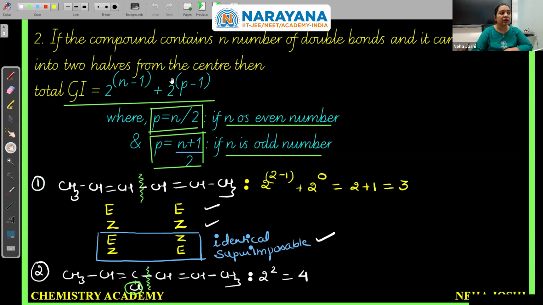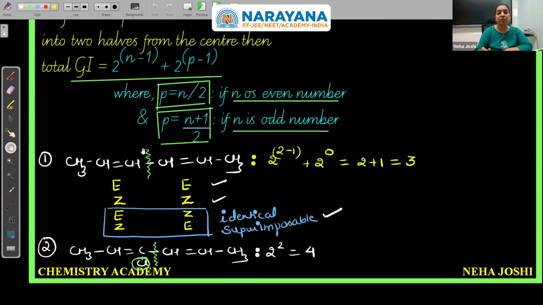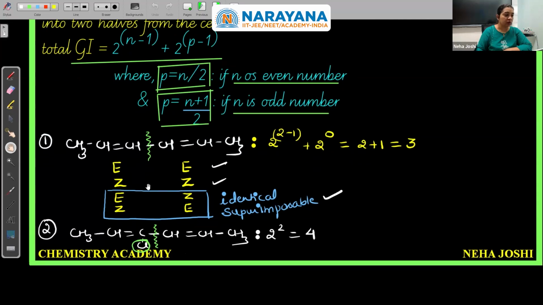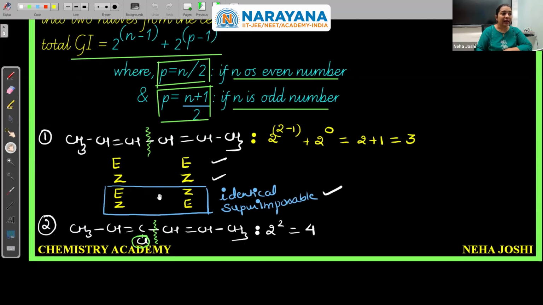If the compound contains n number of double bonds and can be cut into two halves, then this formula is to be used: 2 raised to power n minus 1 plus 2 raised to power p minus 1, where p is n by 2 if the value of n is even, and n plus 1 by 2 if the value of n is odd. Now, why does this happen? Like I have two pi bonds. If I say 2 raised to power 2, 4 should have been the answer, but why not 4?